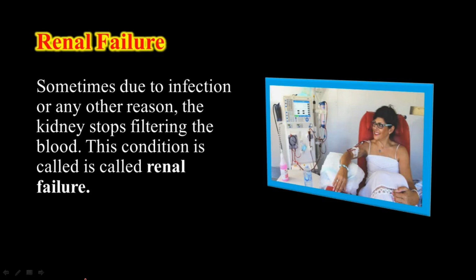Such a person requires to filter his or her blood periodically through an artificial kidney, and this process is called dialysis. Another way to treat this malfunctioning is kidney transplant, in which the diseased kidney is replaced by a closely matched donor kidney.